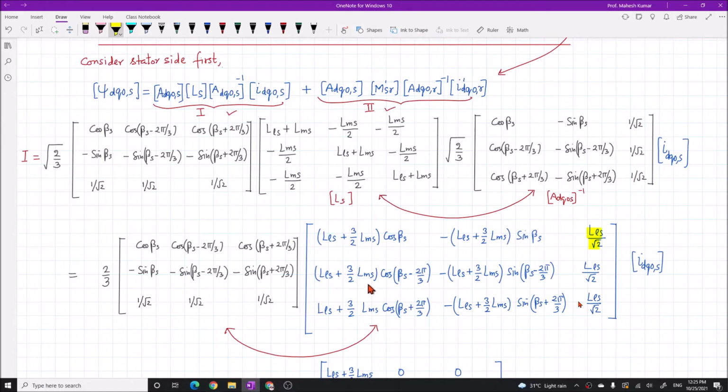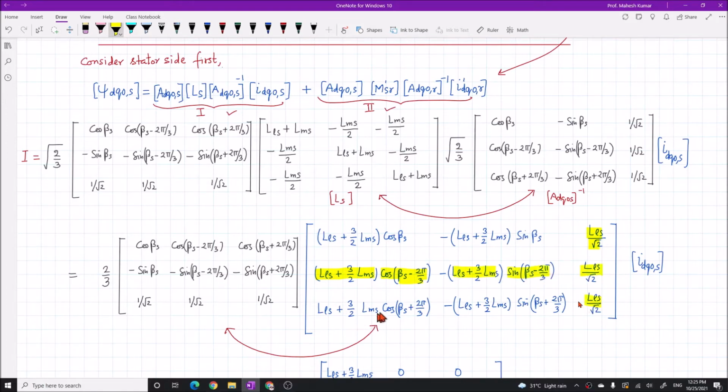The next second row elements are LLS plus 3 by 2 LMS, which is same as previous, but here it is cos beta S minus 2 pi by 3. Then we have minus LLS plus 3 by 2 LMS sin beta S minus 2 by 2. This element is same, this element is also same.